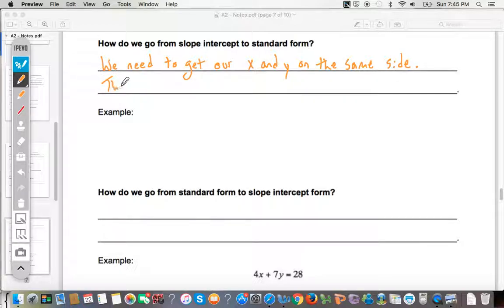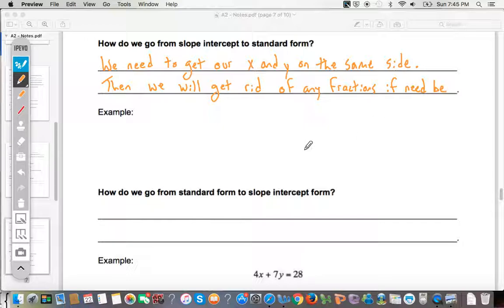Then we will get rid of any fractions if need be.